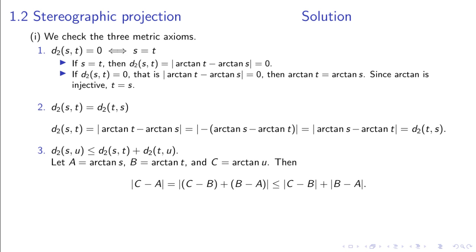By the triangle inequality in ℝ, we get |c − a| ≤ |c − b| + |b − a|. In other words, d₂(s,u) ≤ d₂(s,t) + d₂(t,u). We have checked non-negativity and separation, symmetry, and the triangle inequality. Therefore, d₂ is a metric on ℝ.